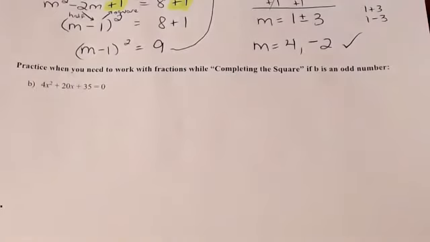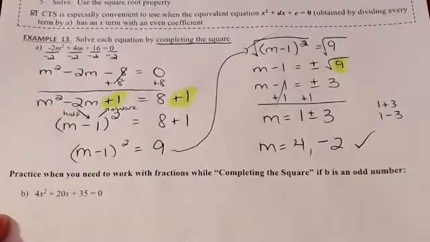So looking at part B, what's the very first thing we have to do? According to our steps for using completing the square, what's the first thing I have to do? What do you think? Maybe find, as you did in the previous question, some kind of GCF and put them under each of those.